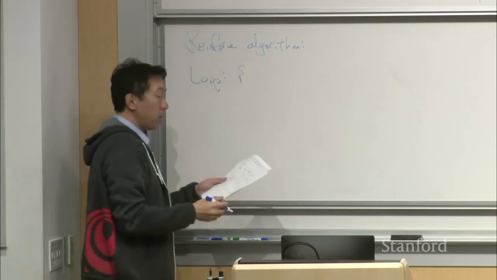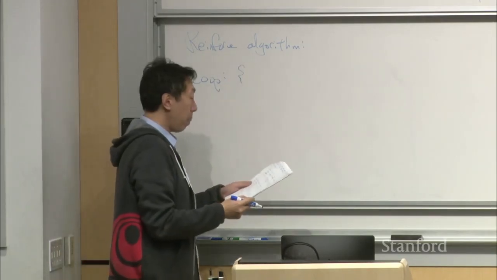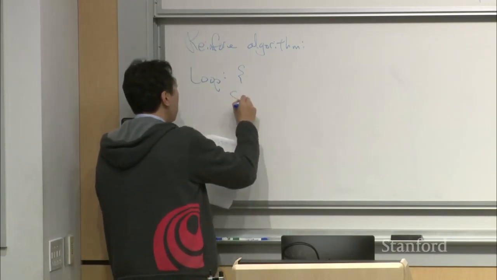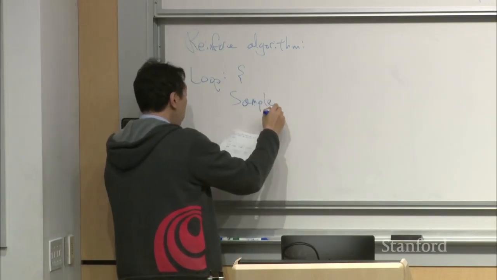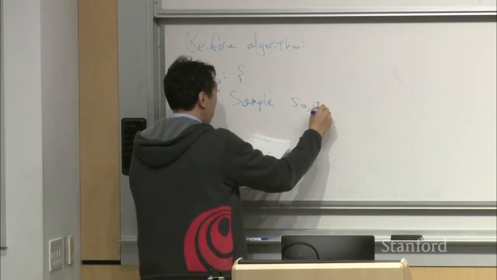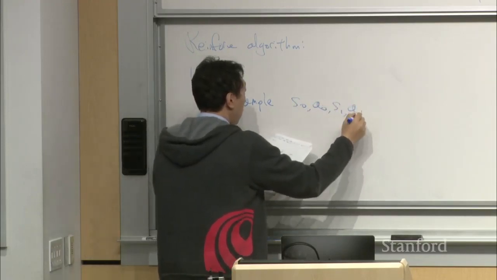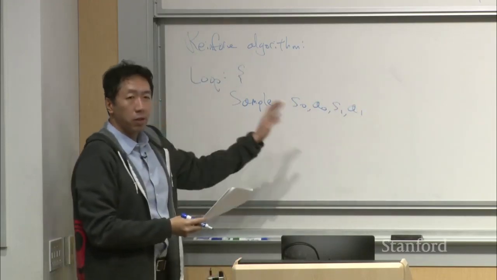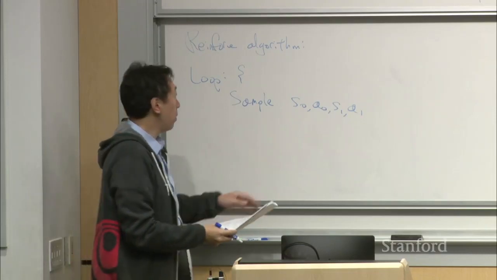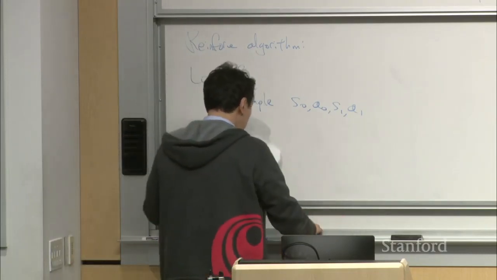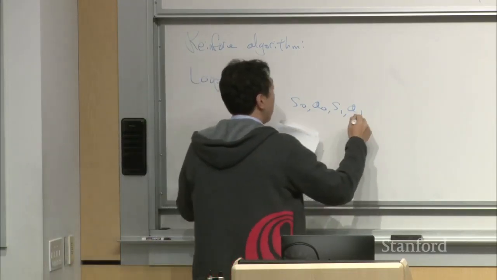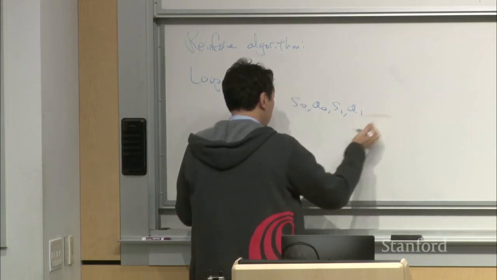But the REINFORCE algorithm does the following, which is you're going to run your MDP, and just run it for a trajectory of T time steps.